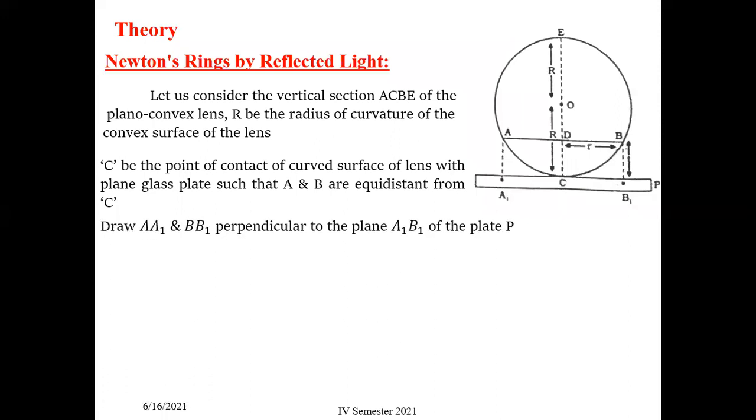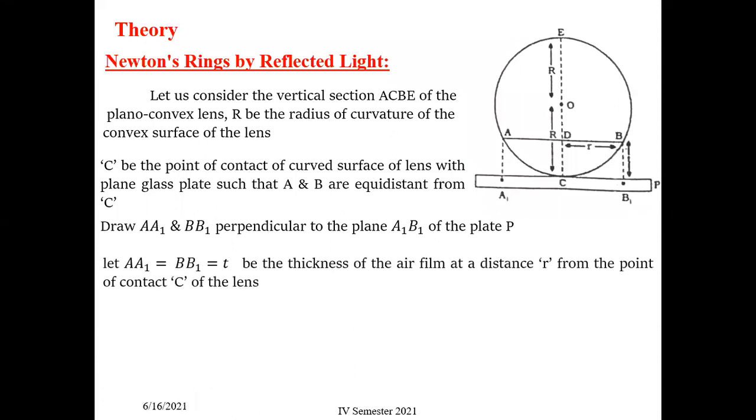Now you have to draw the lines A1 and B1 perpendicular to the plane of the plate P. Just see the figure: let A1 equal B1, which should be equal to the thickness of the air film that is enclosed between the lower surface of the lens and the upper surface of the glass plate.